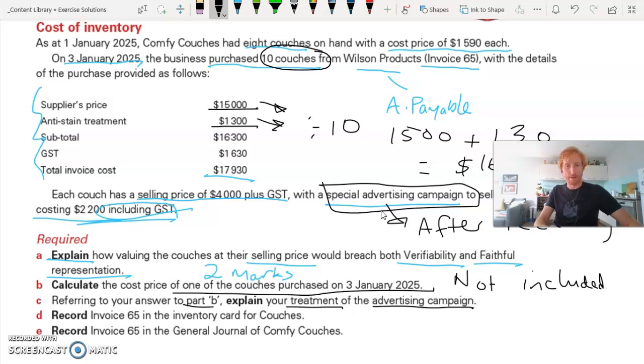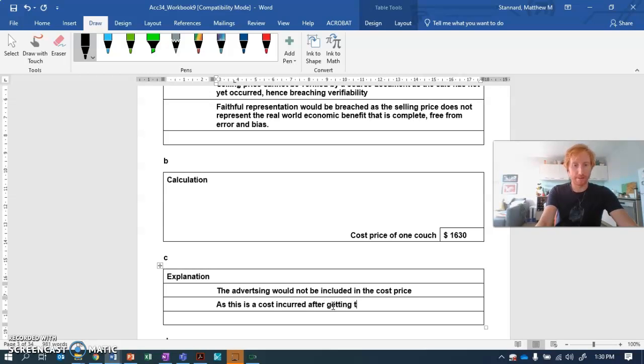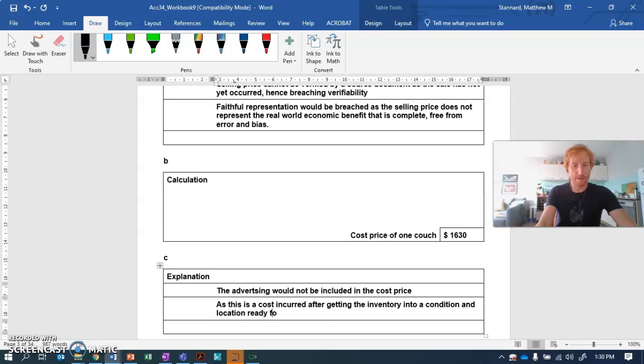Over here in our workbook, I'll simply type: the advertising would not be included in the cost price, as this is a cost incurred after getting the inventory into a condition and location ready for sale.